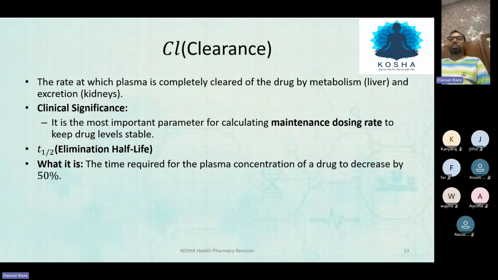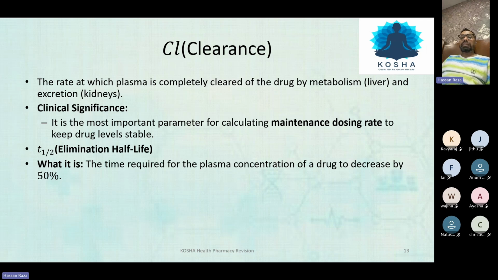It is really important to calculate maintenance dose, and we will explain in later slides why it is important. So clearance basically depends on the half-life of the drug. And what is half-life? Half-life is the time in which 50% of the drug gets cleared from the plasma or the blood.